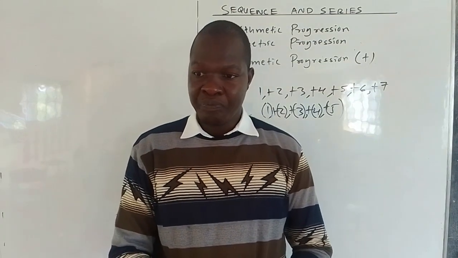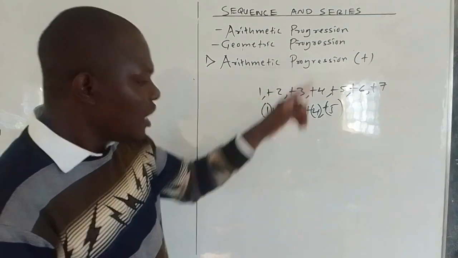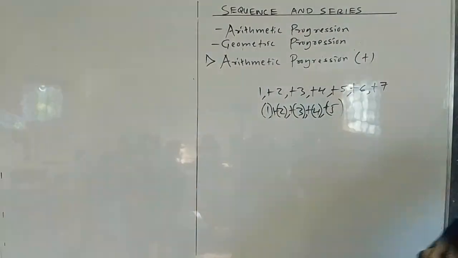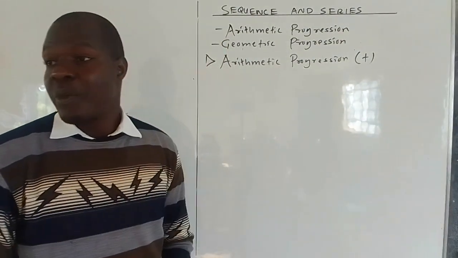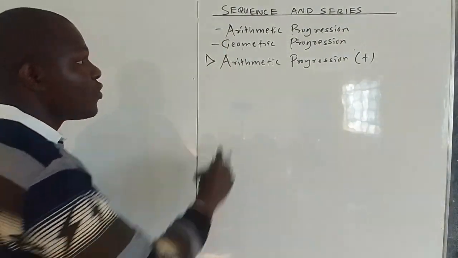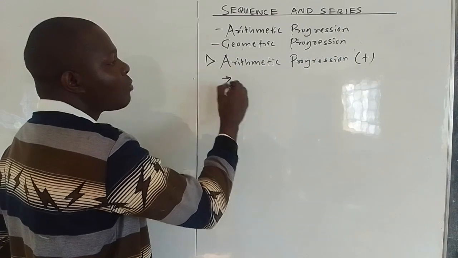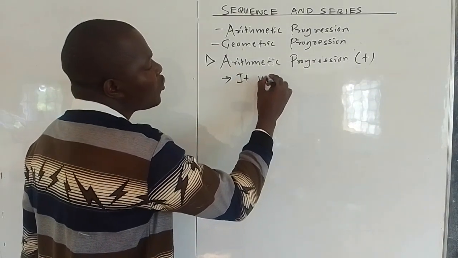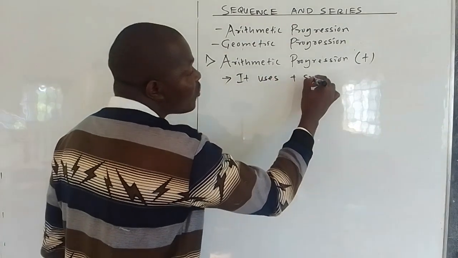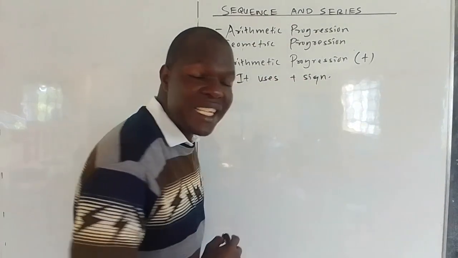Are we together there? Now, when we are dealing with the arithmetic series or the arithmetic progression, we start by checking on the arithmetic sequence. The first thing you need to know about the arithmetic progression, just as I said, is that it uses the addition sign only. What does that imply?